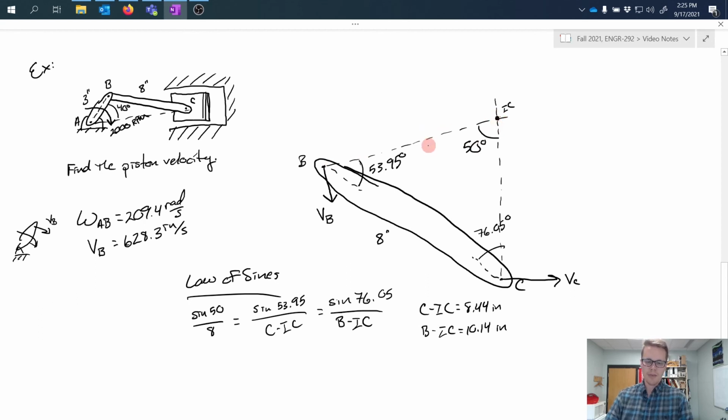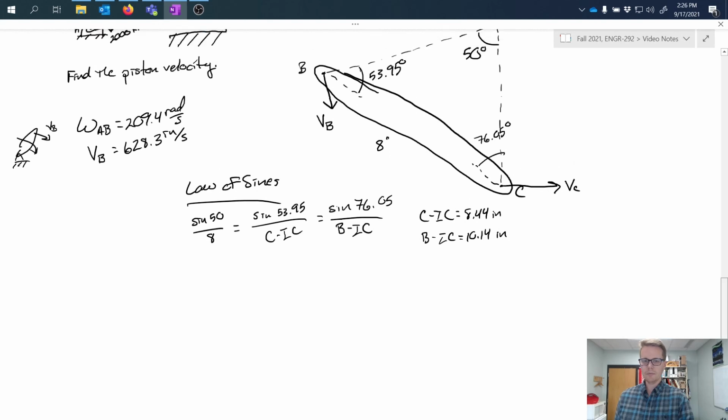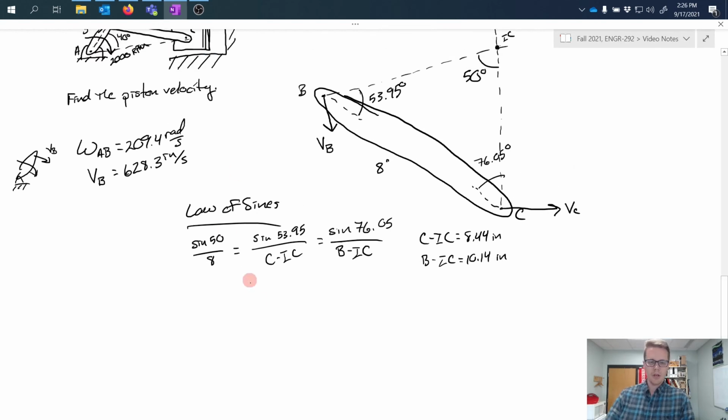So from that information, I can solve first for the rotational velocity of the connecting rod because I know VB.